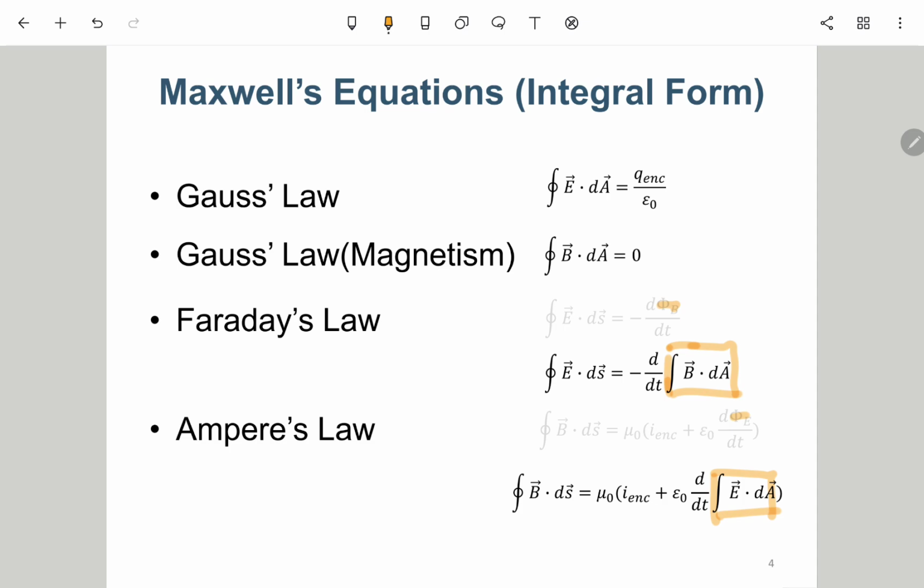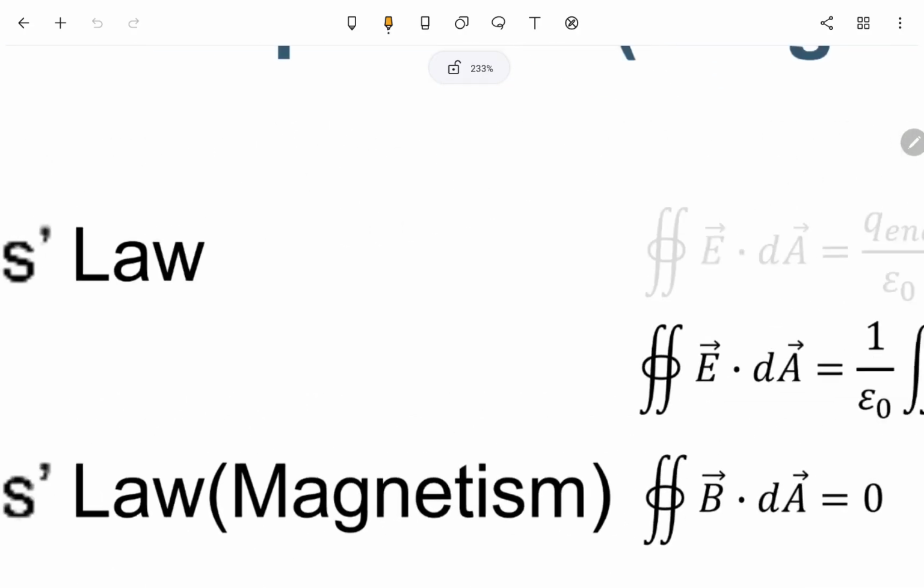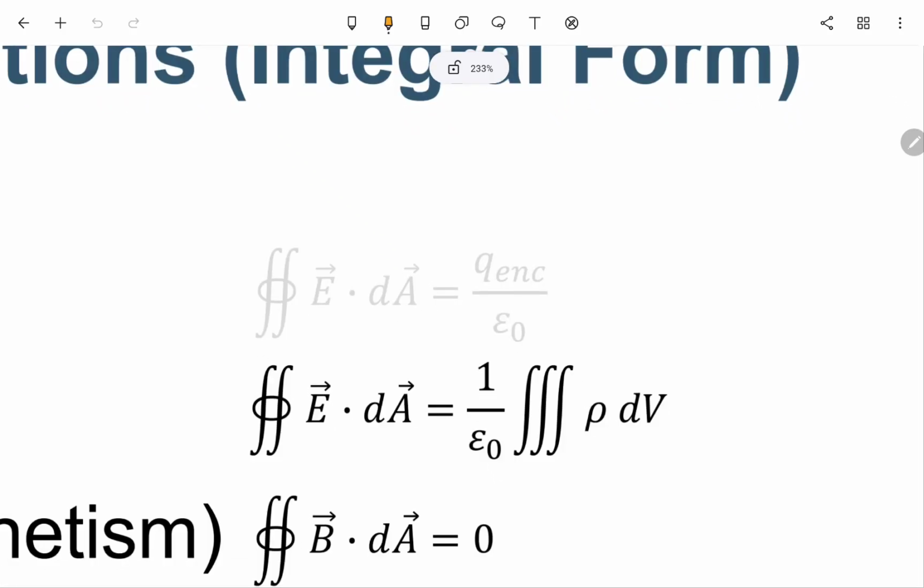This is the first change to Faraday's law and Ampere's law. And then for the second step, we also try to rewrite another thing. For the Q enclosed, we try to change it to a triple integral.